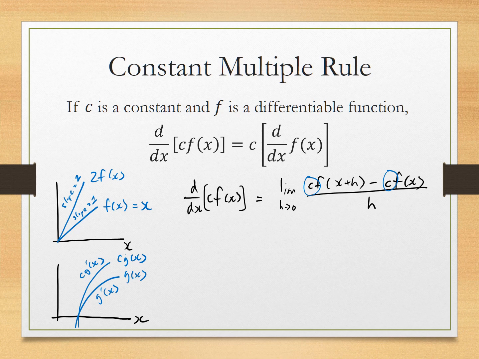There's no reason why you can't group them, right? So you can pull out the c. What we are doing is really applying the limit laws that we have learned last week. But then, as I said last week, you don't need to state what limit law you are using as long as you are doing it correctly.